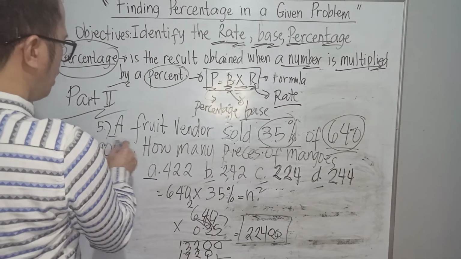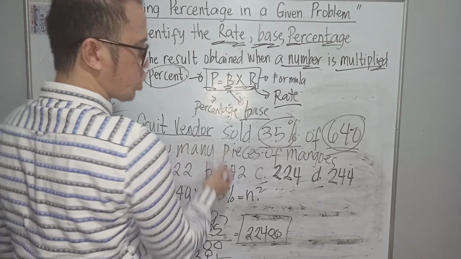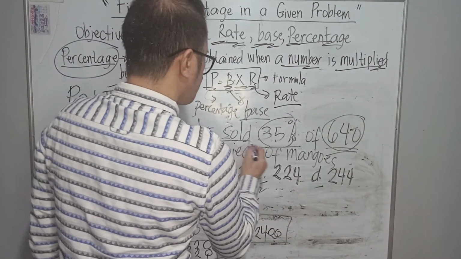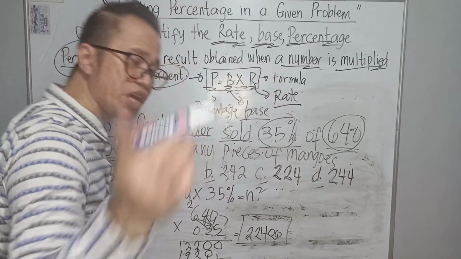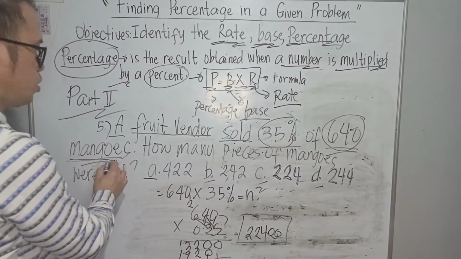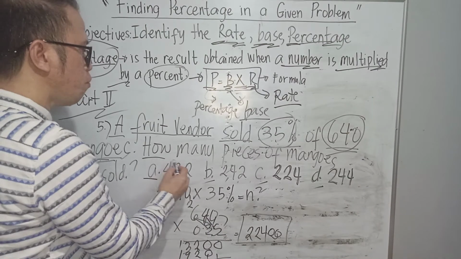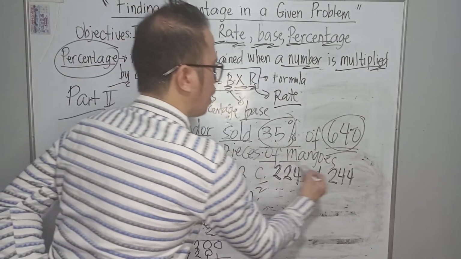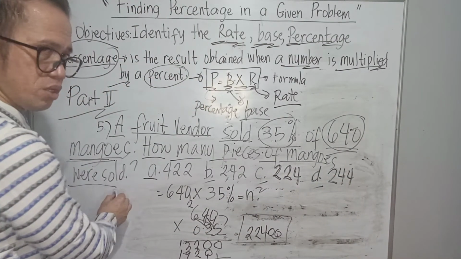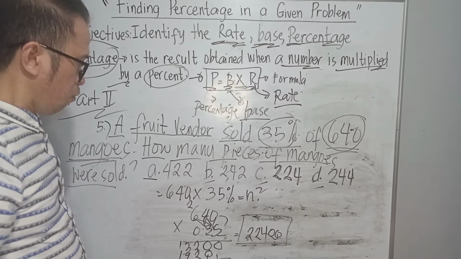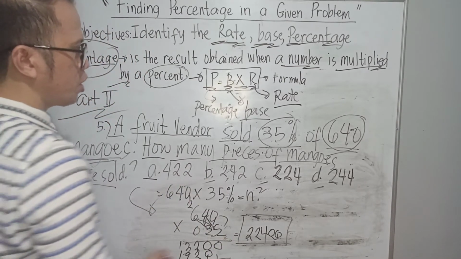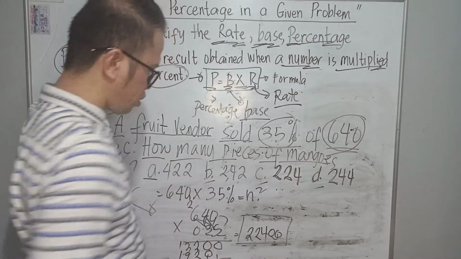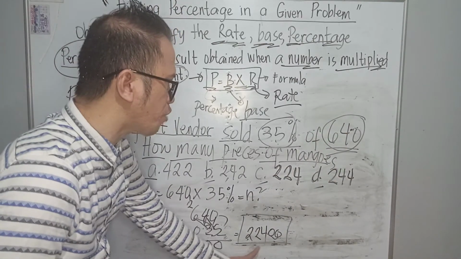Again, a fruit vendor sold 35% of 640. What 640? Mangoes. Question: how many pieces of mangoes were sold? So based on our solution here, my dear viewers, by solving the base and the rate, the result is obviously 224.